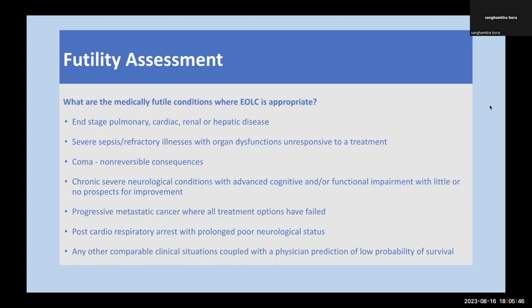And that is the reason why assessment of futility in the first step of providing end-of-life care is extremely, extremely important.